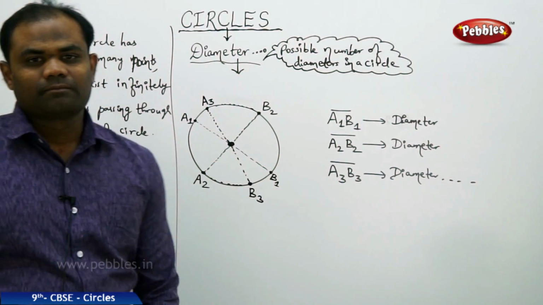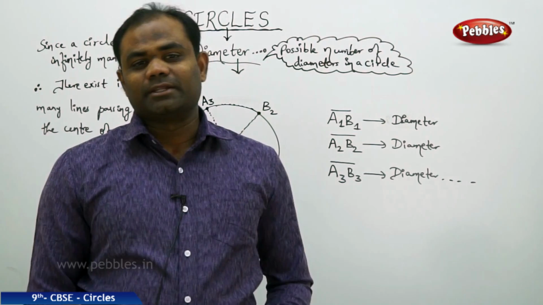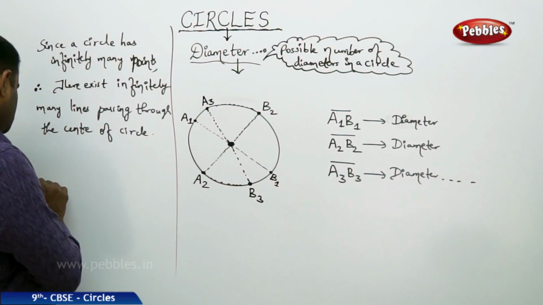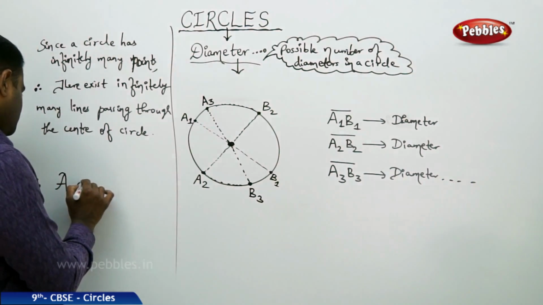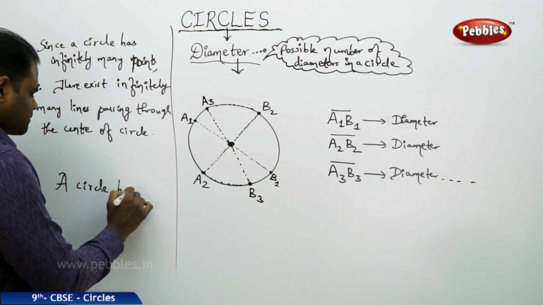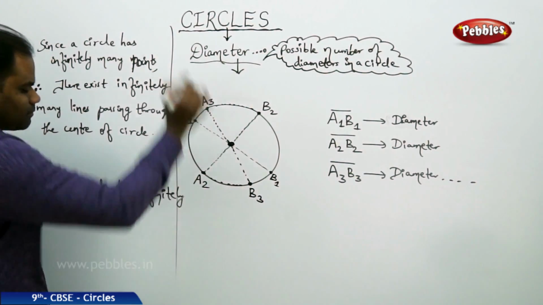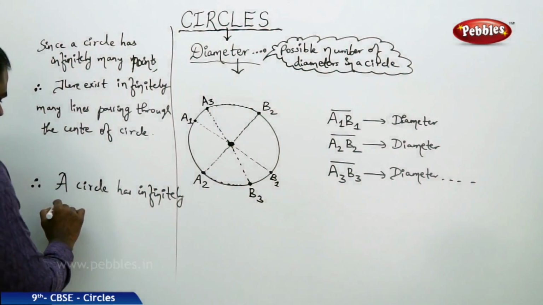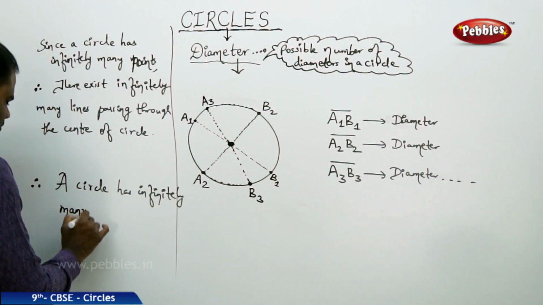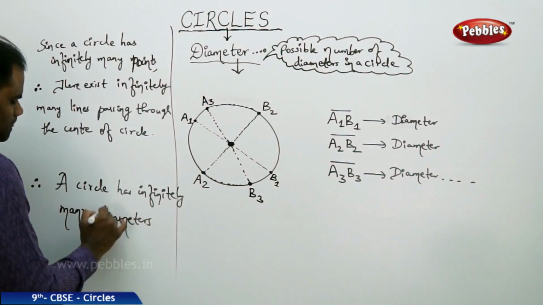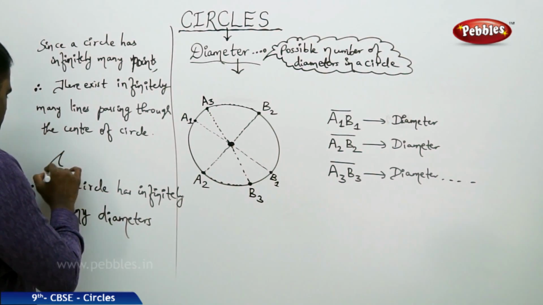Therefore, I conclude that since there are infinitely many lines which pass through center of circle, therefore a circle has infinitely many diameters.